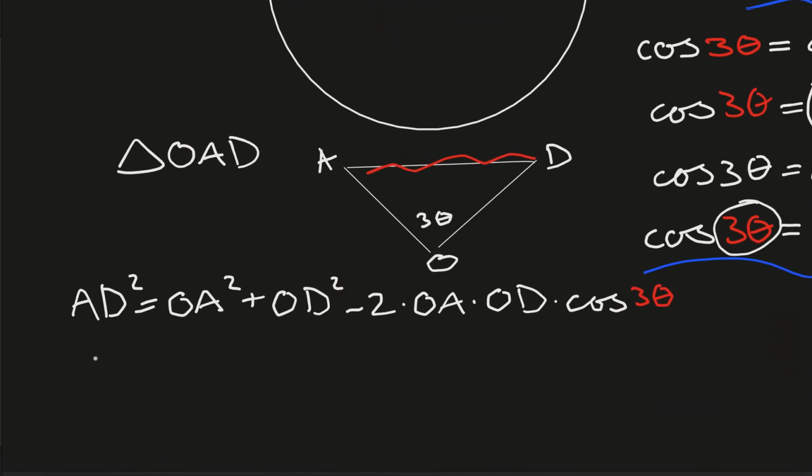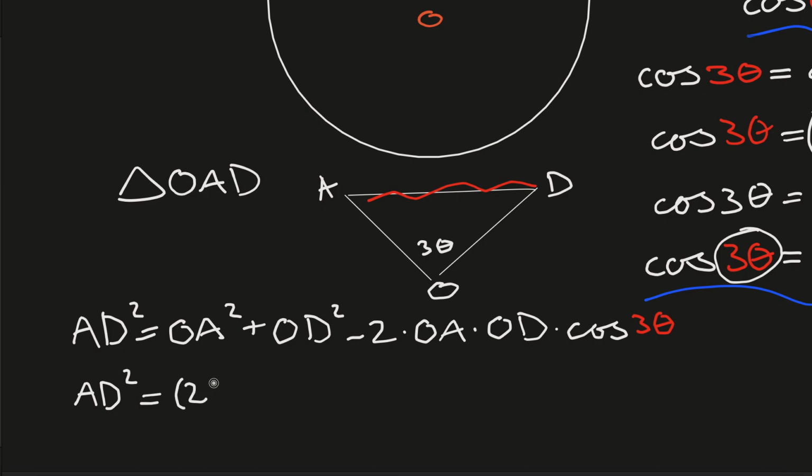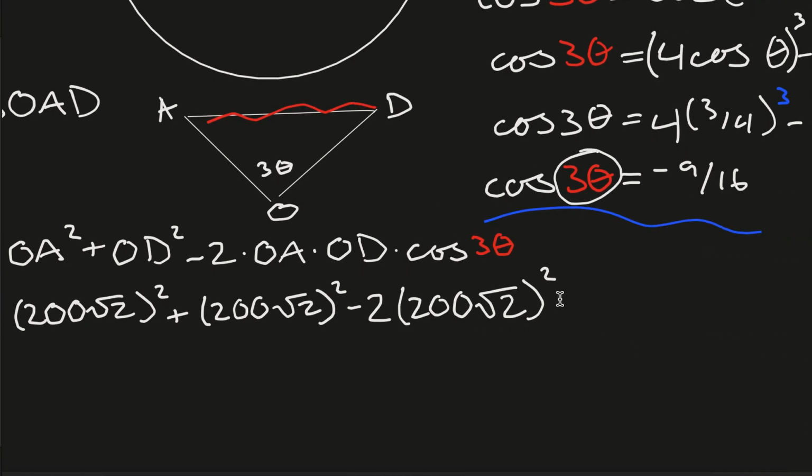And we know that AD is our unknown, what we're trying to solve for. OA, based on the given information, is going to be 200 times the square root of 2, quantity squared, and same thing for OD. So minus 2, and again, to save time, 200 square root 2 times 200 square root 2 is simply equal to the quantity squared.